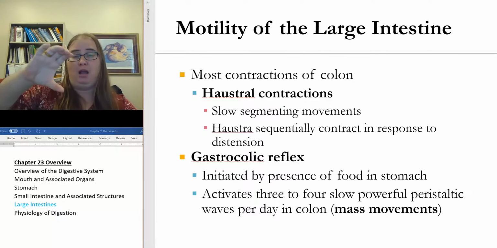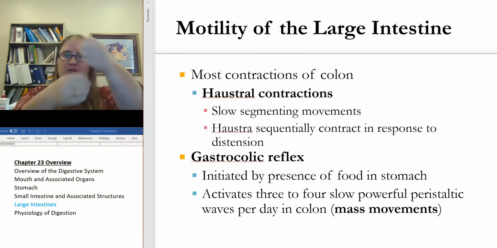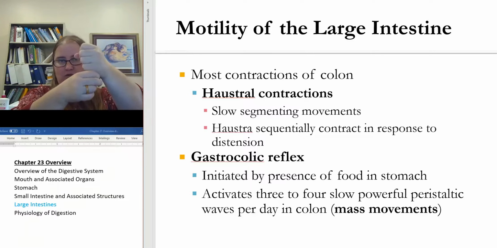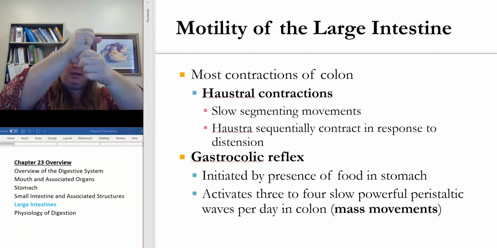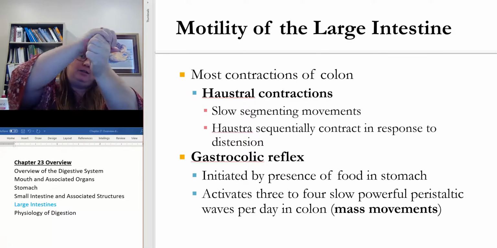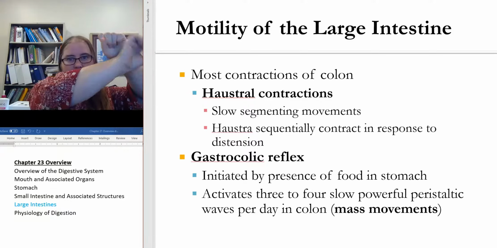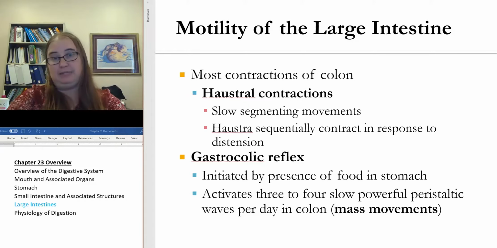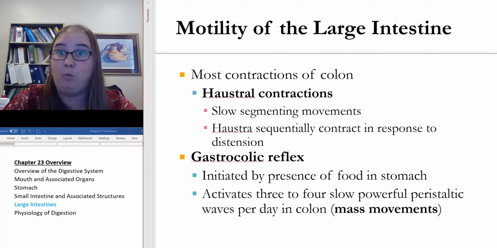So if they're stacked, you get a haustral contraction, and then another one, and another one, and it goes transverse, and then down to the descending and the sigmoid, and that's how it moves the undigestible byproduct through the large intestines.